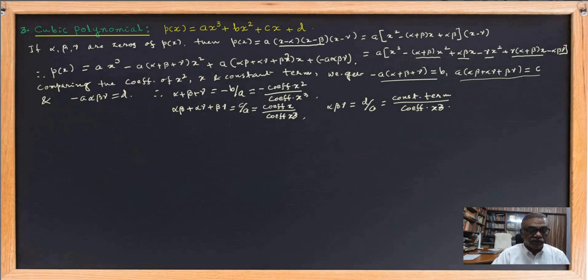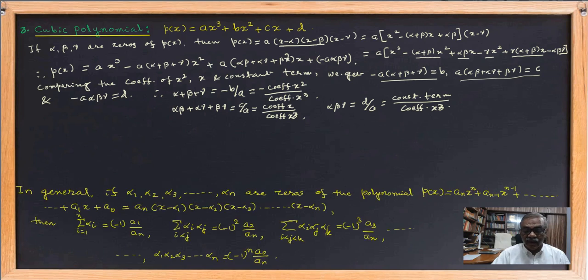By the similar expansion which we have done in the case of quadratic and cubic polynomials, this can also be done in the same fashion, and the proof I am going to leave as an exercise, and therefore we can have in general the relation which you have written here. You can go through the proof in the next level.